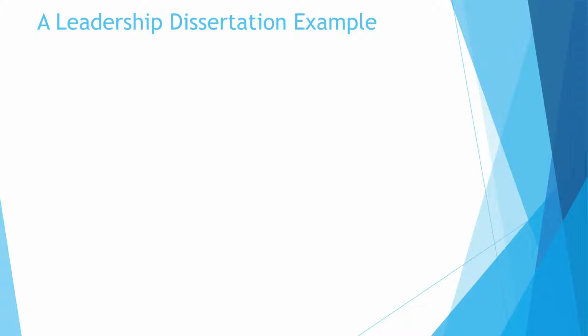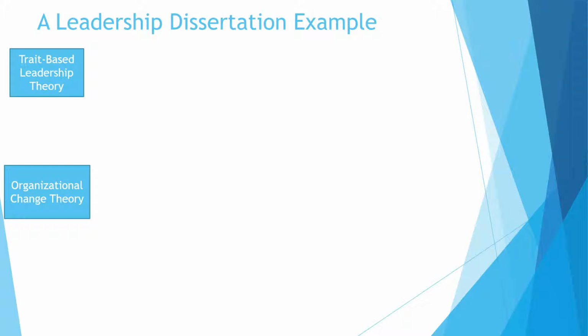So I currently have somebody who's working in the leadership concentration and just completed their prospectus. So I'm going to use kind of an example of what they're thinking of doing. So their first literature stream is coming from a theory in leadership called trait-based leadership theory, okay, which essentially says that leaders have certain common traits that distinguish them from other people, and those traits allow them to be good leaders.